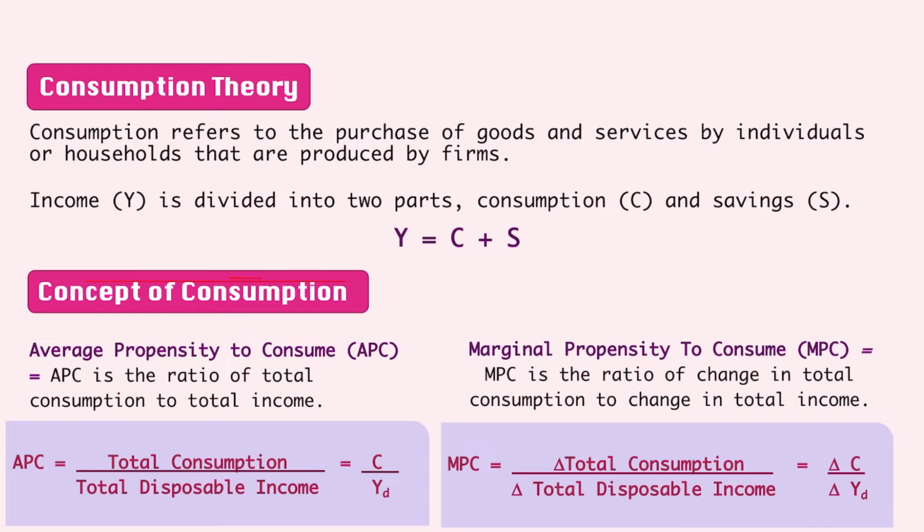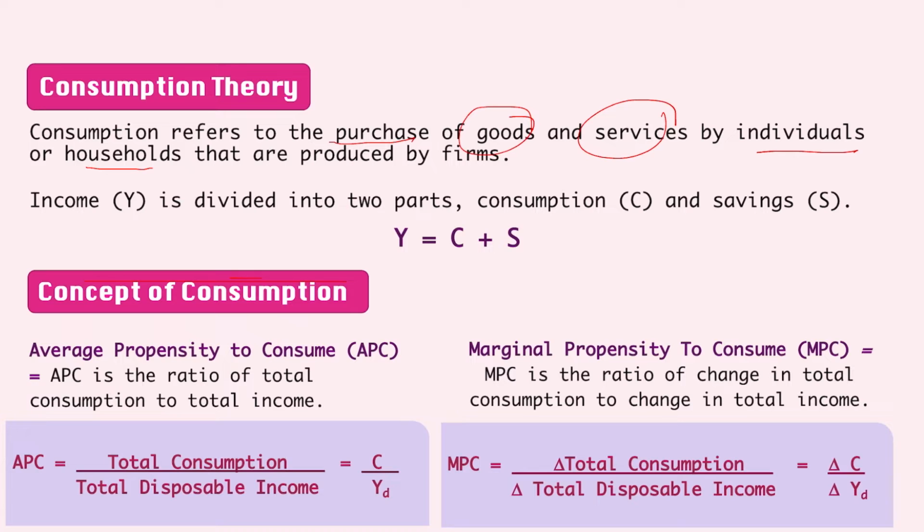What is consumption? Consumption refers to the purchase of goods and services by individuals or households that are produced by firms. So consumption is when the household spends their money on the goods and services produced by the firm.